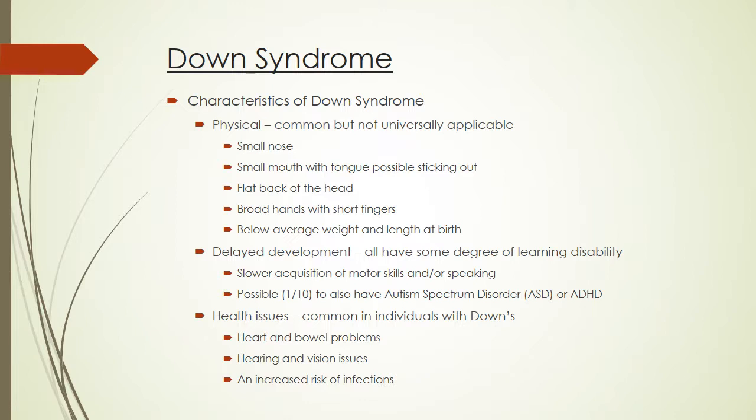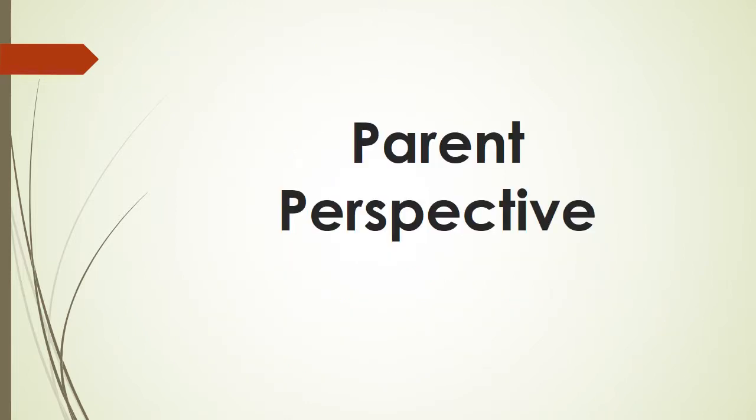Aside from physical and mental characteristics, some common health issues of Down syndrome are heart and bowel problems, as well as hearing and vision issues and an increased risk of infections. So all of these characteristics, especially the health concerns, especially in young children at birth and early years, can be quite concerning to the families and parents.